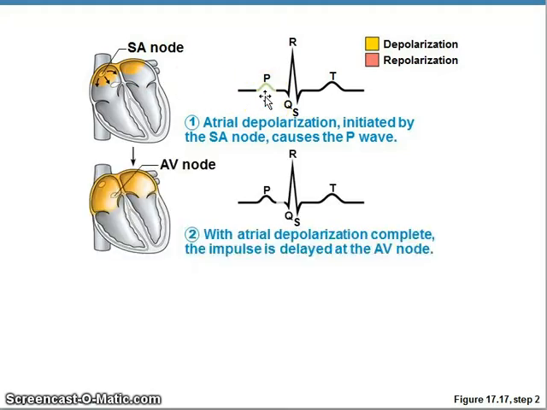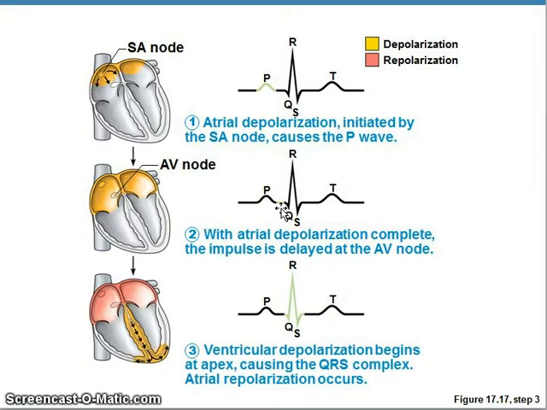The depolarization will then be briefly delayed here at the AV node. That is represented by this little flat line here. After the pause at the AV node, the depolarization will spread into the bundle and then bundle branches and Purkinje fibers. So you get the QRS complex, which is the depolarization of all the parts of the ventricles.